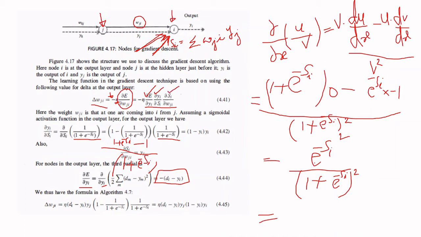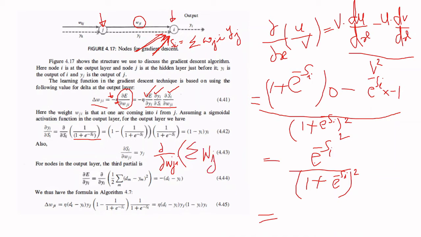Now ∂s_i/∂w_ji. So how can you calculate that? Now the third term, ∂s_i/∂w_ji, which is ∂/∂w_ji of, now what is s_i? s_i we have written as sigma of w_ji into y_j, where j varies from 1 to the number of nodes.